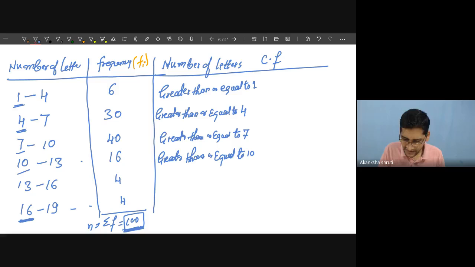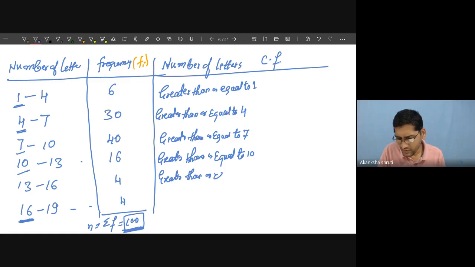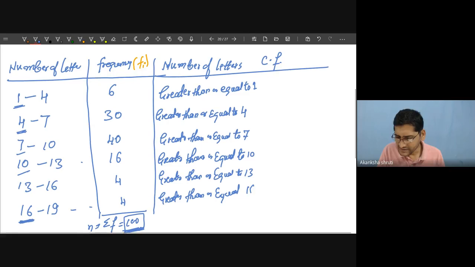So we have to take this as 10. Again, greater than or equal to, next one is our 13. Greater than or equal to, which limit we have to take for this, 16.